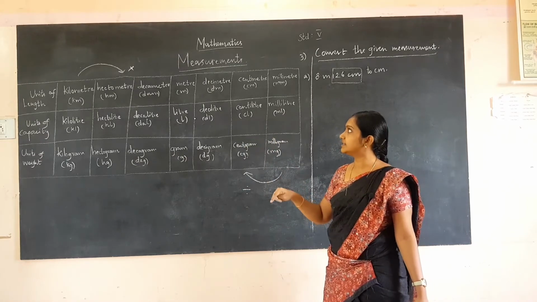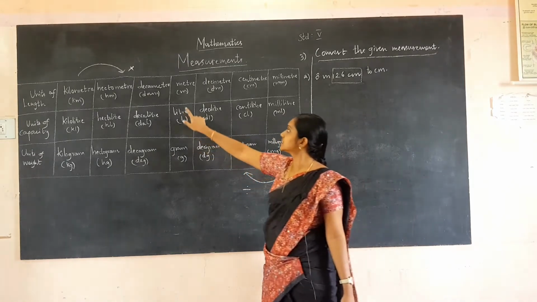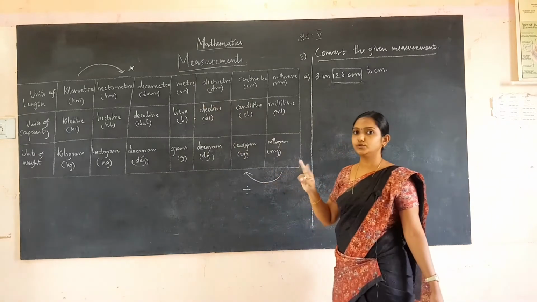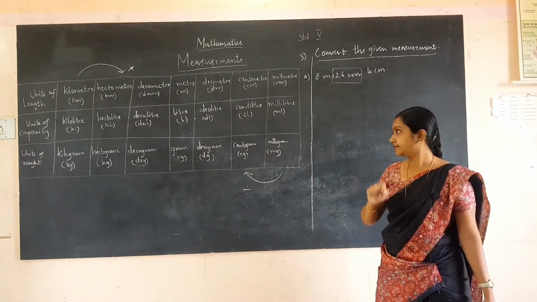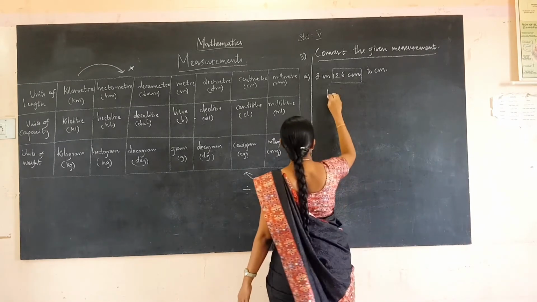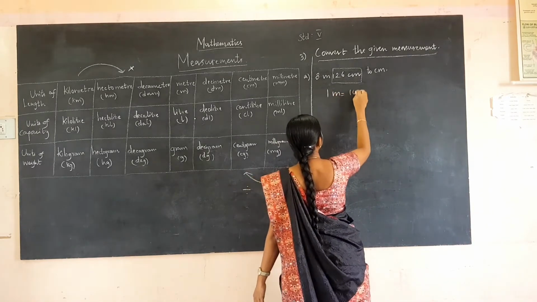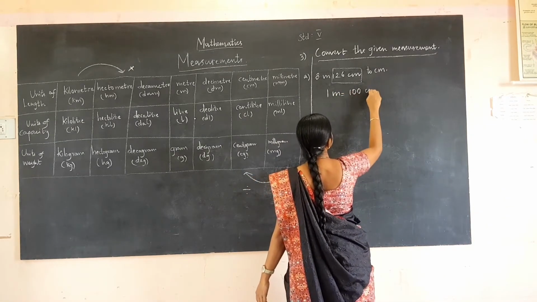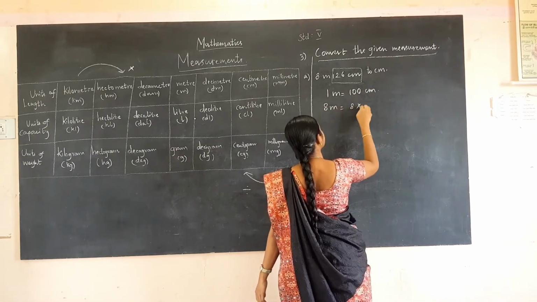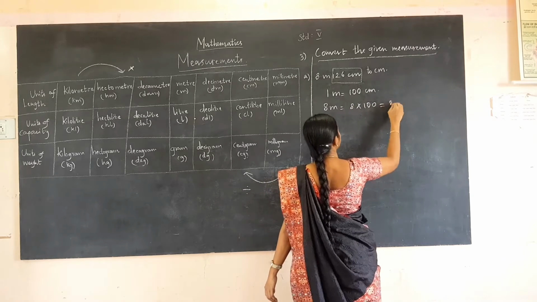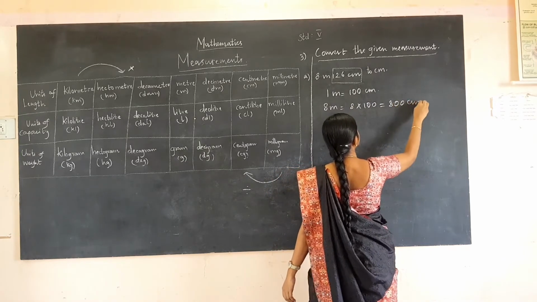So we have to multiply. Count how many places? 1 and 2. 2 places. So we have to multiply it by 100. 1 meter equal to 100 centimeter. Then 8 meter equal to 8 into 100, that is equal to 800 centimeter.